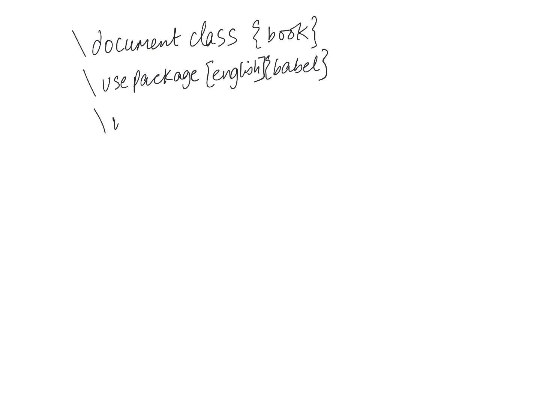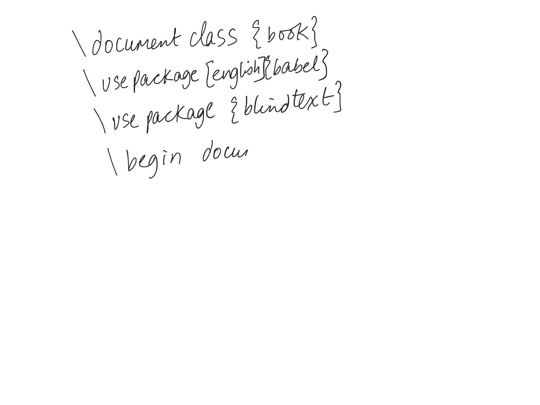And you're using the package for blind text, but this is only to fill stuff. If you're writing your own document, you don't need blind text. And then let's begin this document, and further down I'll put end document. So you're aware of this.